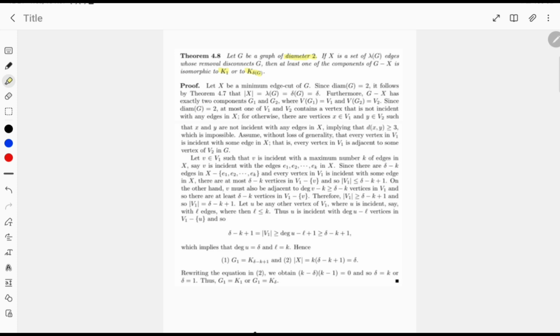So let X be a minimum edge cut of G, that is, the cardinality of X is equal to lambda of G. Okay, we have the proof here.